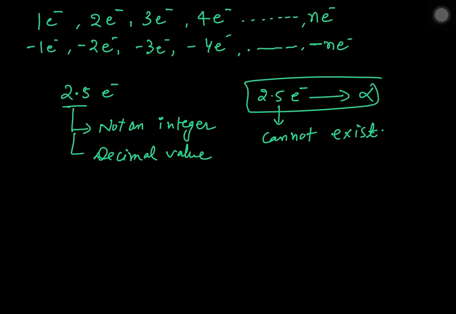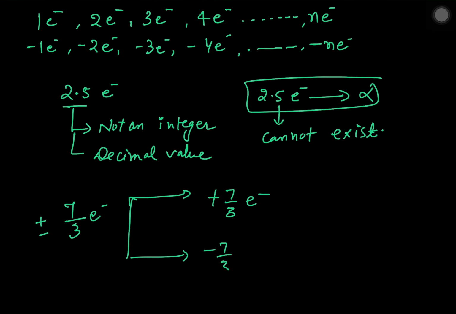For example, if I consider a fractional value, like suppose 7 upon 3 electron, I would consider two possible values, plus value and minus value. More specifically, plus 7 upon 3 electron and minus 7 upon 3 electron. These two represent fractional values, which are again not integers.